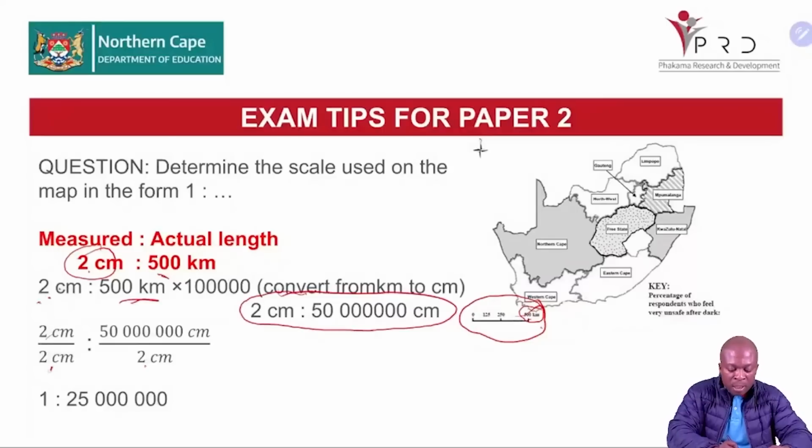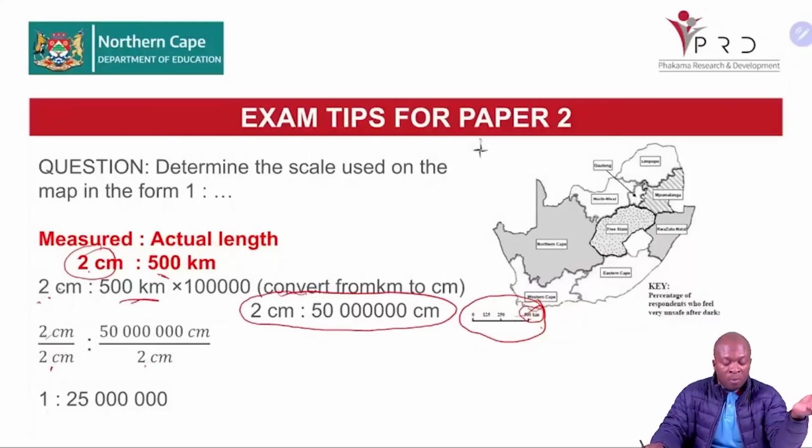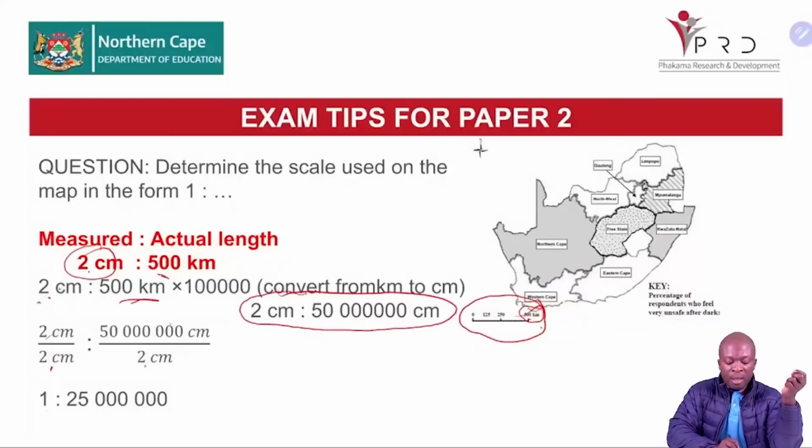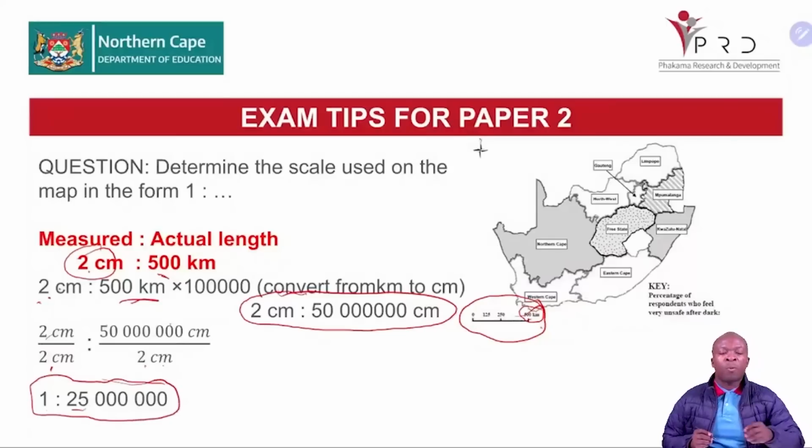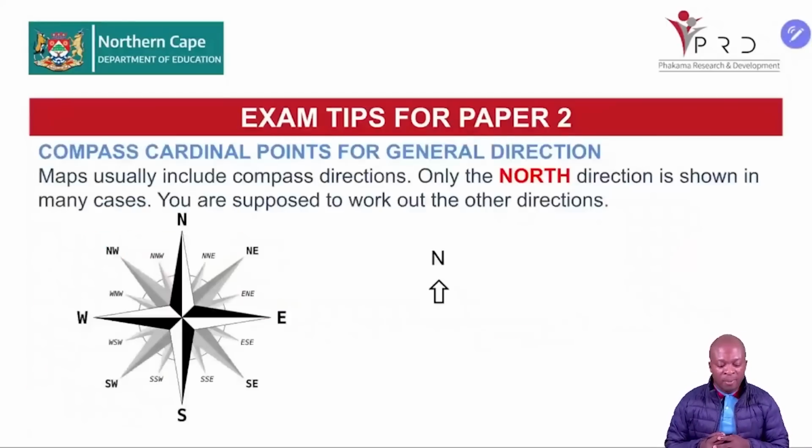So 2 centimeters will cancel 2 centimeters, you get 1. Meaning whatever number you share by itself, you get 1. So here, then 50 million divided by 2, you are going to get 25 million. So your scale for that map is what? 1:25 million. You have answered the question.